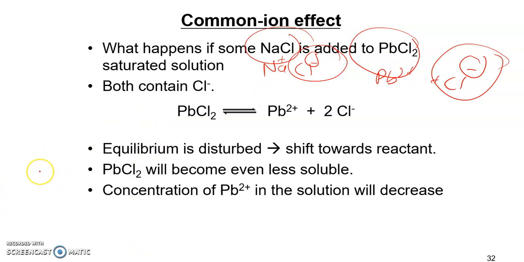For example, if we add sodium chloride to a lead chloride solution, PbCl2 will become even less soluble, and the concentration of lead in the solution will decrease.